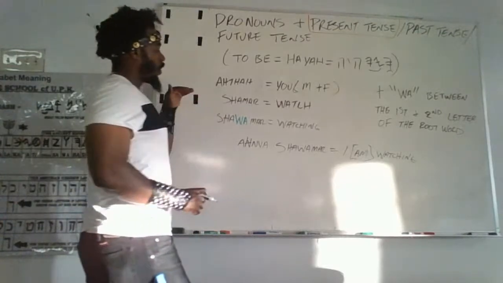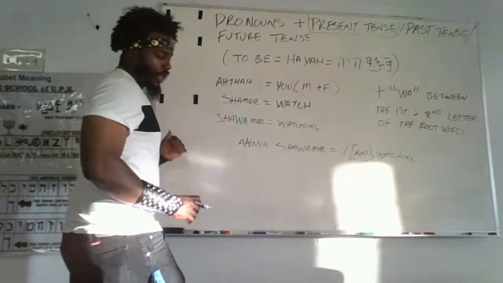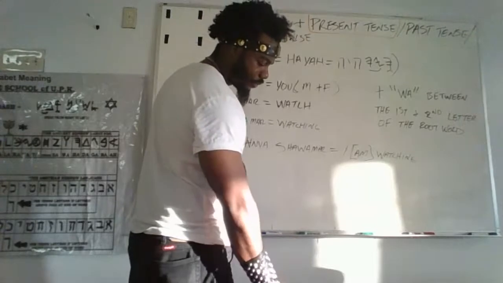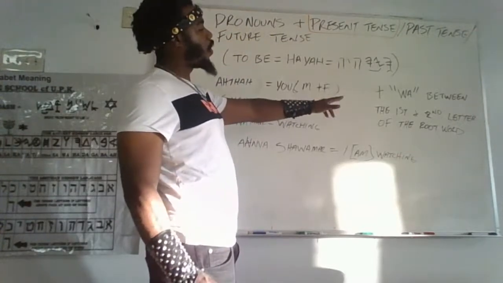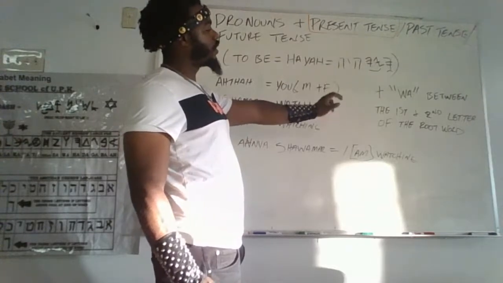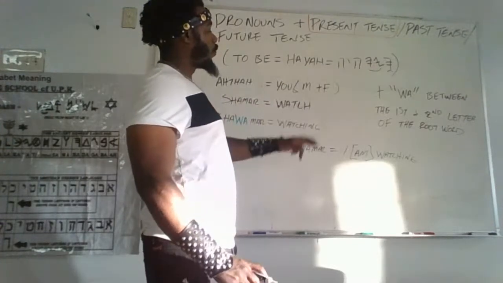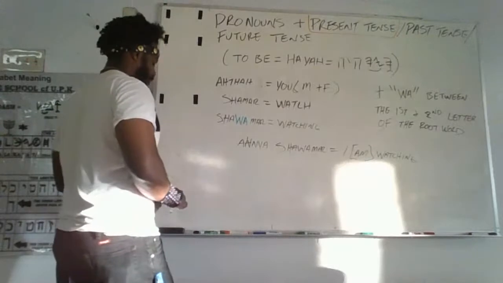We're dealing with the word shamar, right? And just like before, the rule is you add a wa between the first and second letter of the root word to make it present tense.